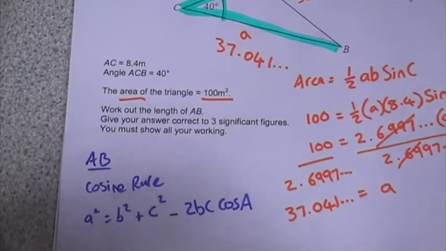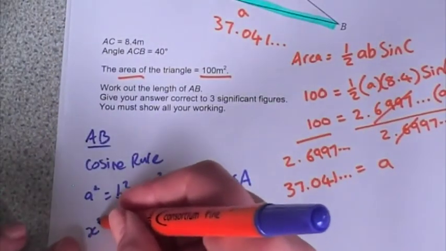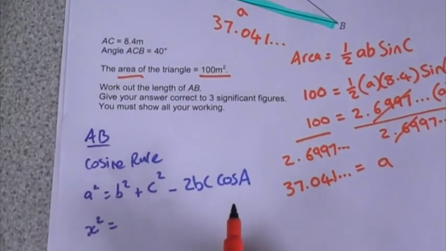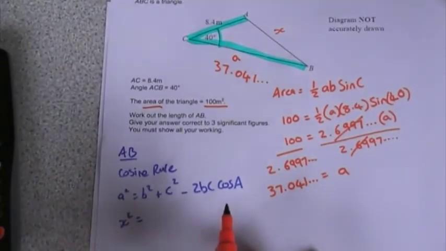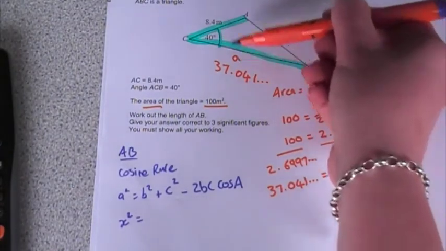Alright, let's dump our numbers in. Instead of A squared, I've called it x squared. So x squared equals, now I don't care what's b, I don't care what's c, all that matters is it's these two sides.